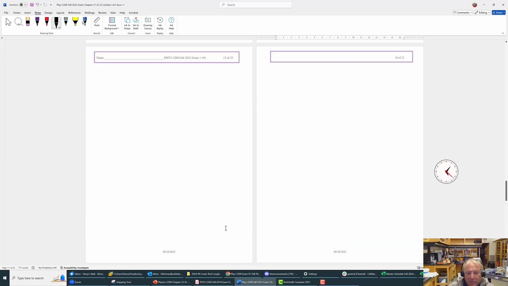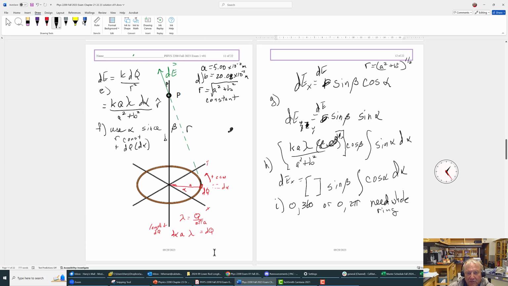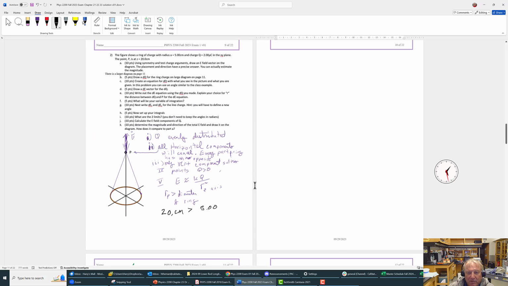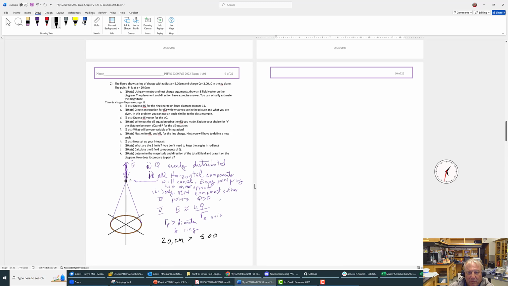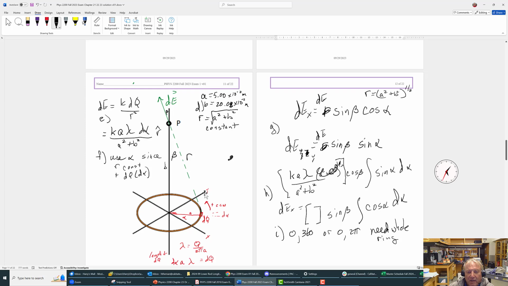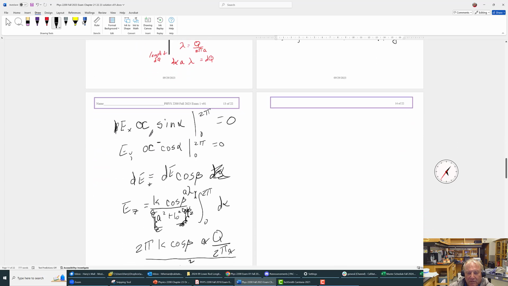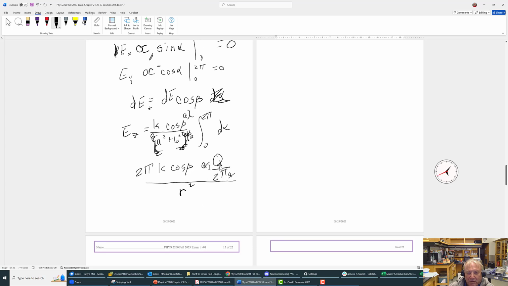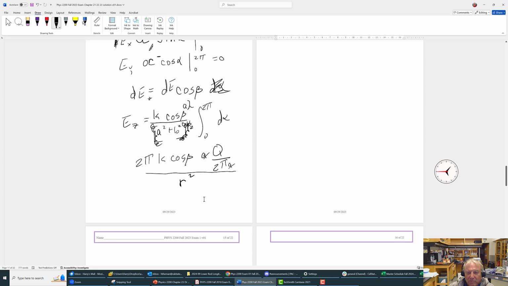Okay. Is there any more? Determine the magnitude and direction. Right. Oh yeah, of course, there's only a z component left, so the only difference is that we added this cosine of beta term.